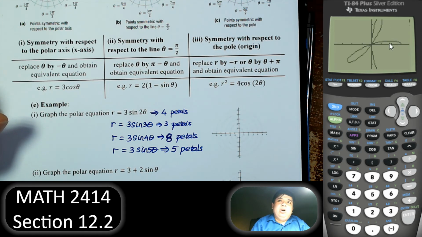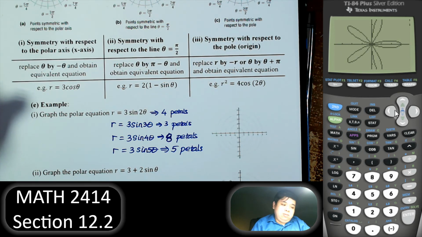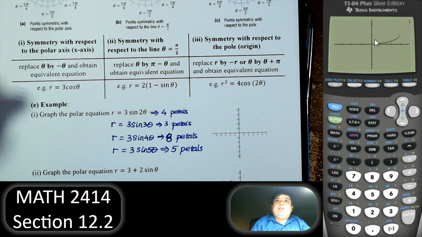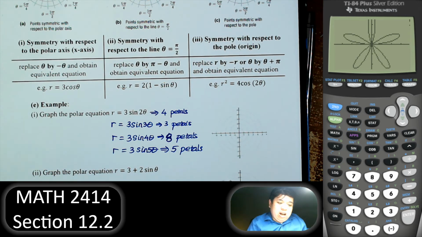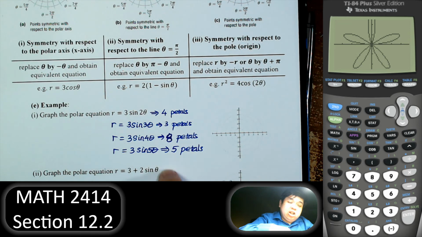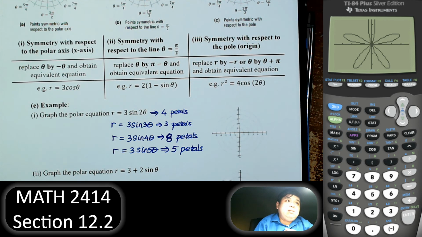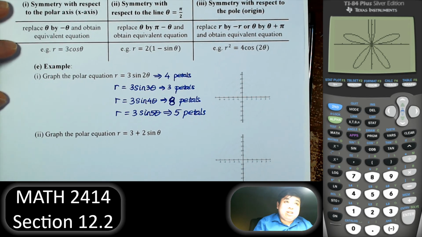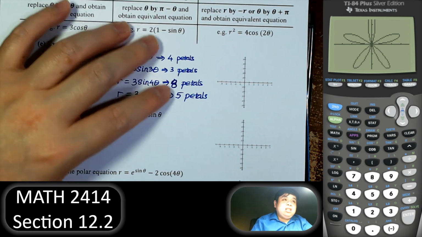So cosine will go through the x-axis here. And now we have the sine. It will go through the y-axis. So we just rotate 90 degrees. Right. So let's just see the pattern that we have here. I said the graph itself is not that big of a deal. Just see the pattern here.